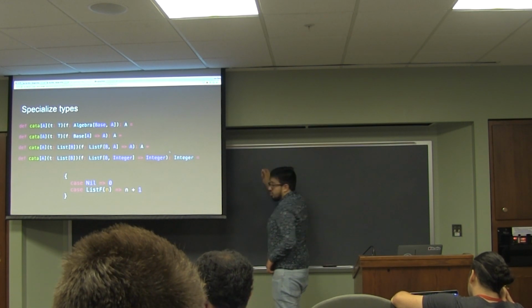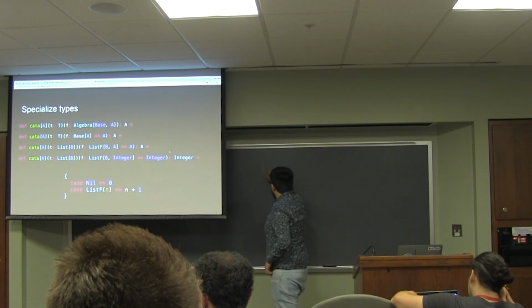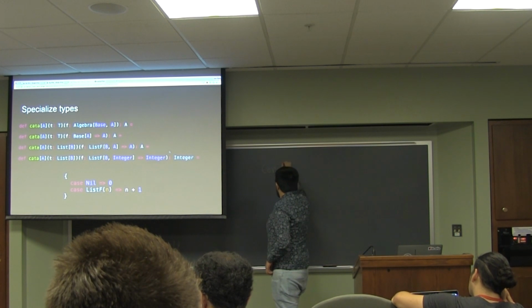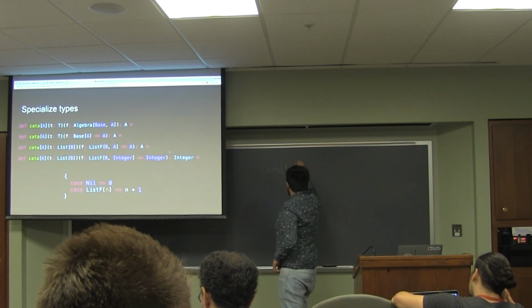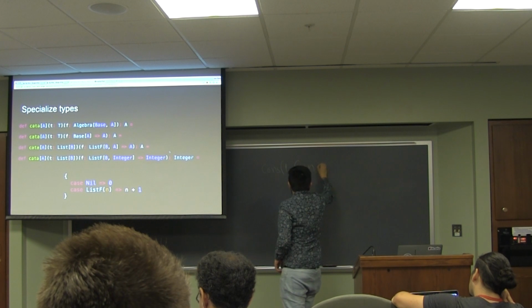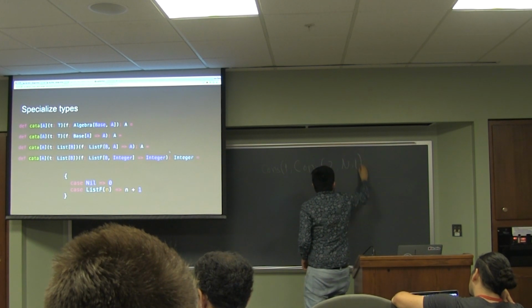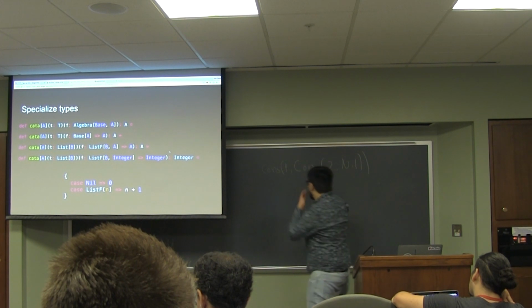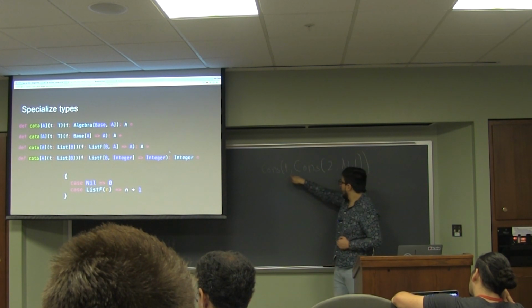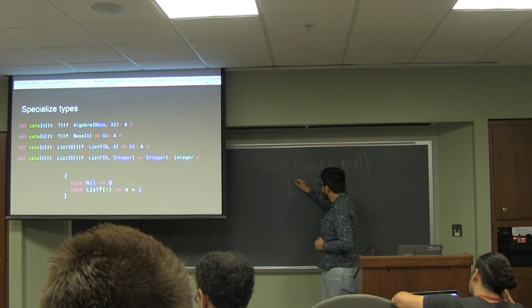In order to represent a cons list, you start with cons and say 1 cons 2 nil. Okay, so we have cons 1. This is equivalent to a list of 1 and 2.